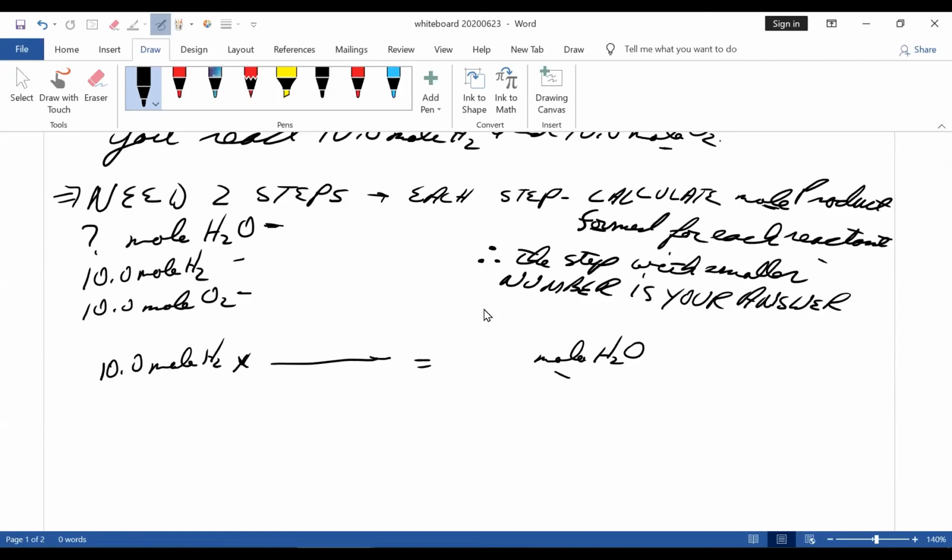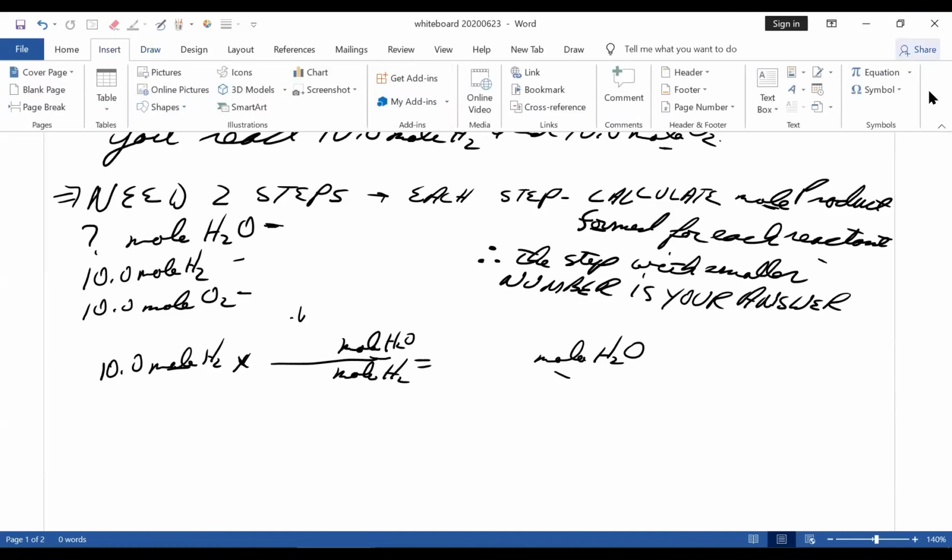Whatever we're trying to get to goes on top. Whatever we're trying to get rid of goes here. Where do we get these numbers? From the balanced chemical equation.